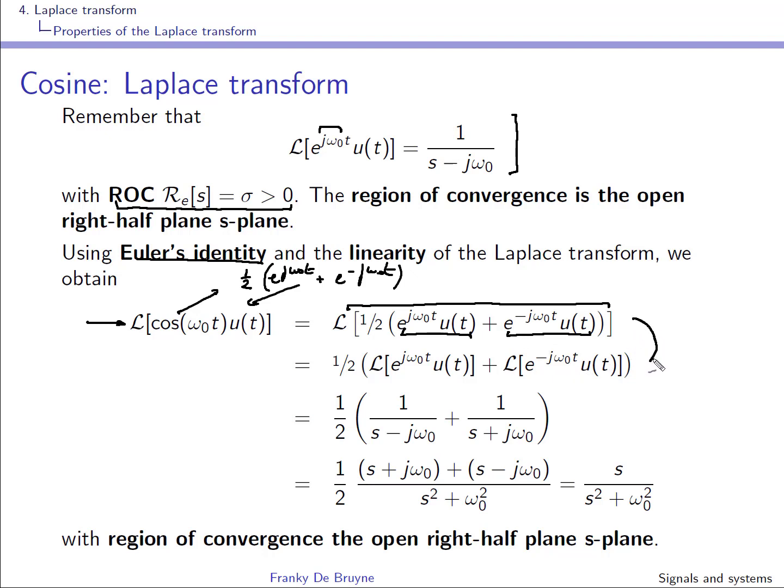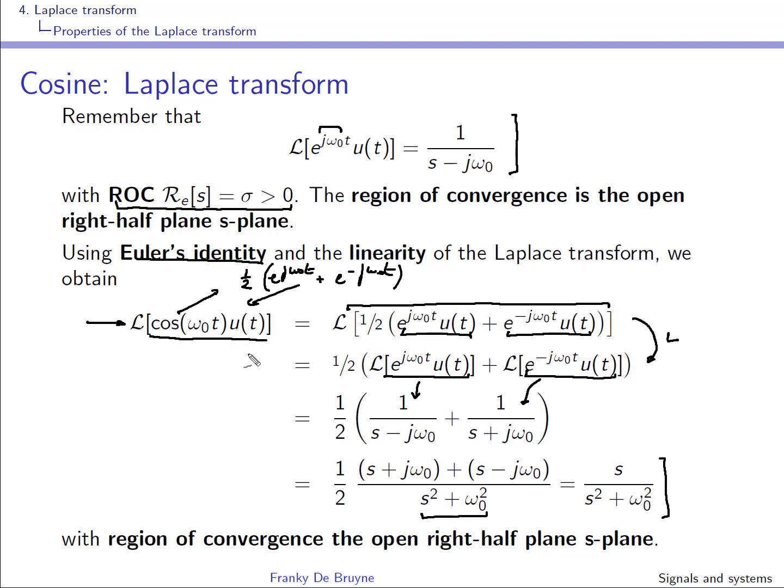So we can go to this equation, and this is simply by linearity of the Laplace transform. Now it's just a matter of putting everything under the same denominator, computing the product of these two, and doing the math, and you obtain the Laplace transform of a cosine.